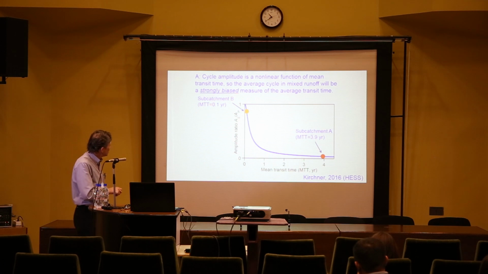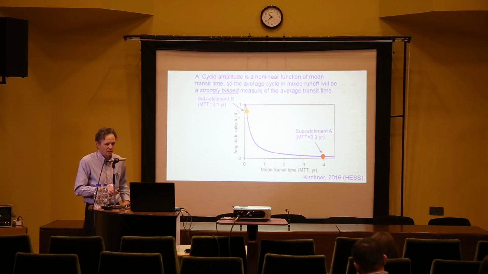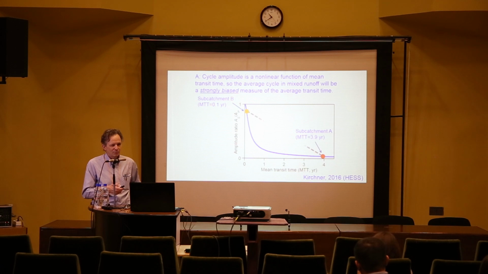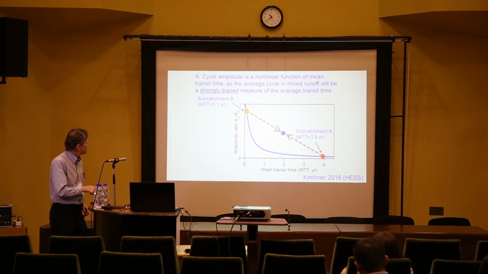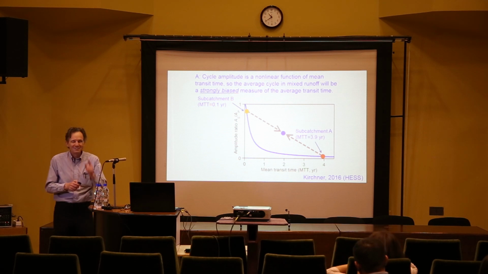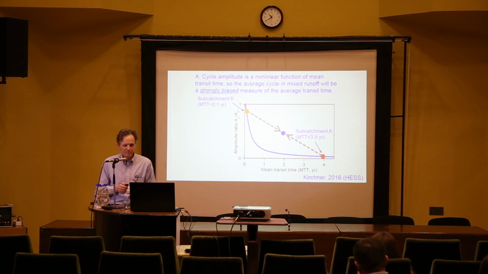But this relationship is curved. So if our fast responding catchment is here and our slow responding catchment is here, then when we average the two catchments together, we will get a point that lies between these two catchments, but it's not on the curve.